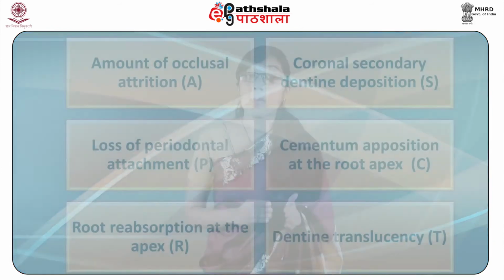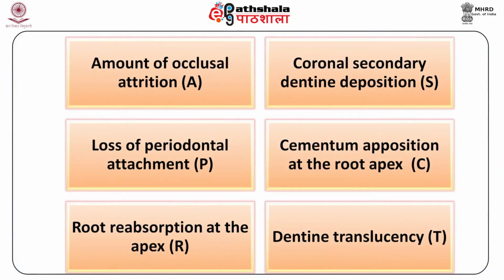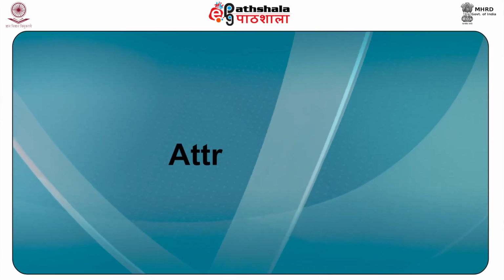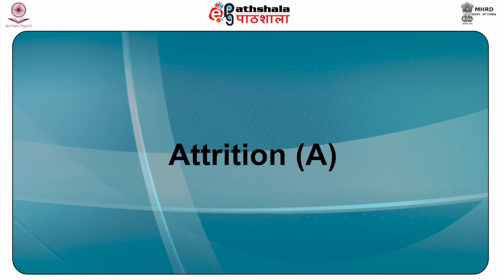He took into consideration factors such as the amount of occlusal attrition, denoted by capital A; coronal secondary dentine deposition, denoted by capital S; loss of periodontal attachment, denoted by capital P; cementum apposition at the root apex, denoted by capital C; root resorption at the apex, depicted by capital R; and the dentine translucency, denoted by capital T.